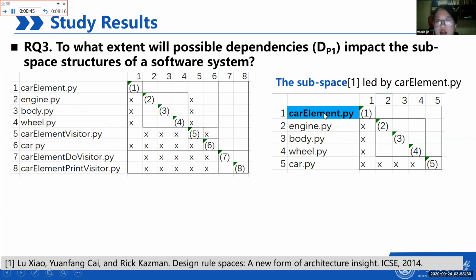First, the car element itself, and other files that directly and indirectly depend on the car element, and the dependencies among those files. These elements construct a subspace. Then for each project, based on each file, we can get its subspaces.